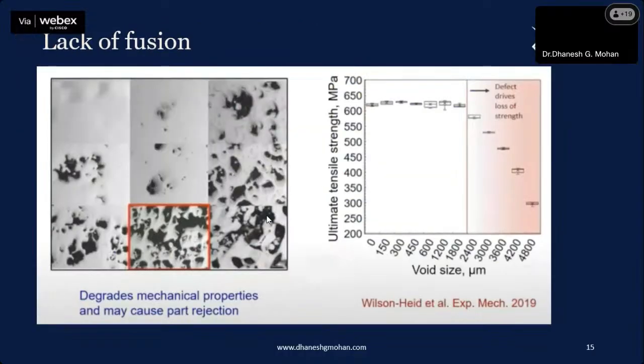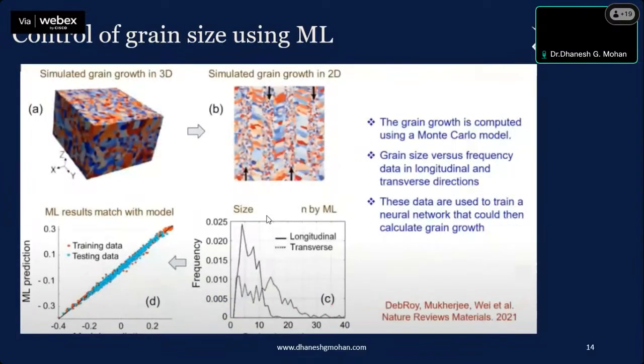It is mostly along the print direction. Using machine learning, we can correlate process parameters with grain evolution. You can see these two images compared to the previous one.